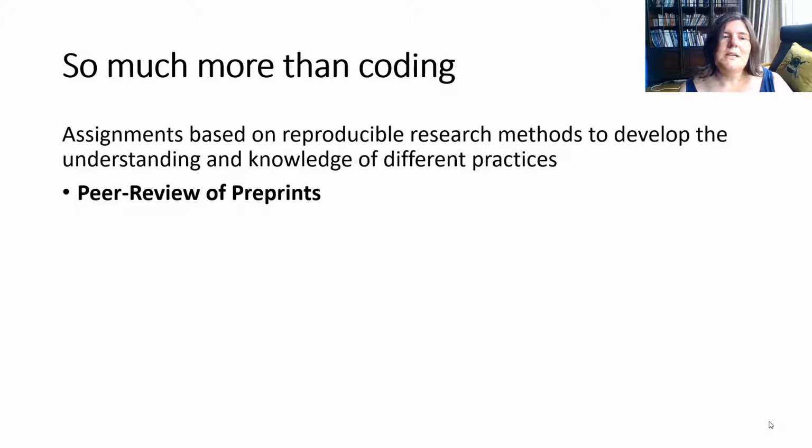We've also developed a number of assignments based specifically around reproducibility and the materials that people are increasingly making available as part of the drive towards making reproducible research. For instance, we developed a peer review task in which we ask students to peer review papers that have been uploaded as preprints.